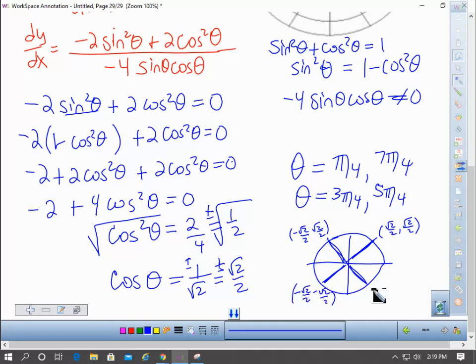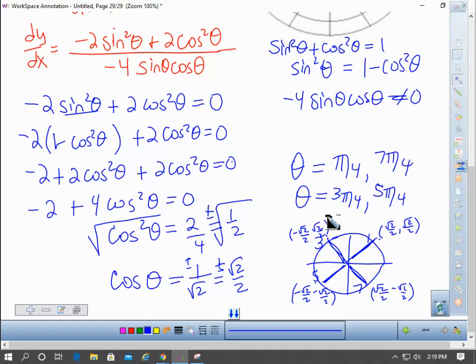And then in the fourth quadrant is where you're positive radical 2 over 2 and then negative radical 2 over 2. So this is 1 pi over 4, 3, 5, and 7. For 1 pi over 4 and 7 pi over 4 is where we have positive radical 2 over 2, and at 3 pi over 4 and 5 pi over 4 is where we have the negative radical 2 over 2.